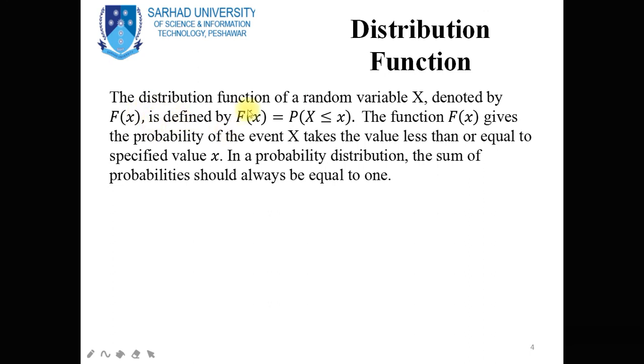These are the probabilities for the random variable x, and the small x represents the values of the random variable. Random variable represents our description in the experiment. So first we denote the random variable, then find its values, then find the probability of the random variable.